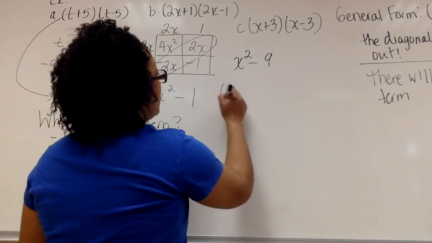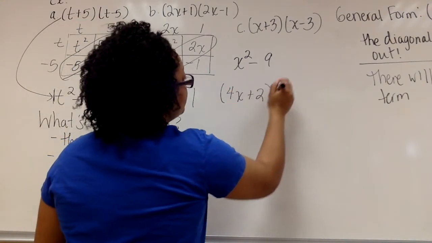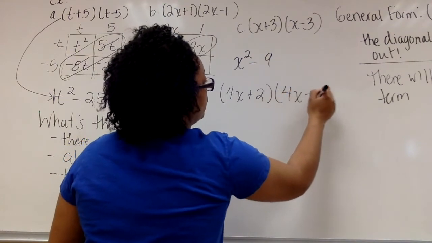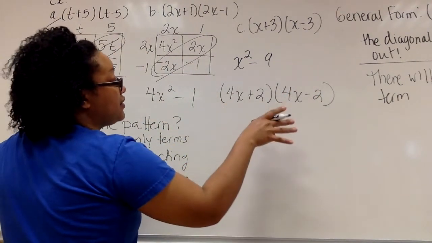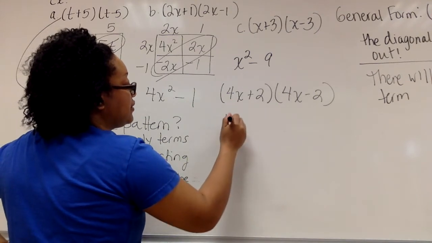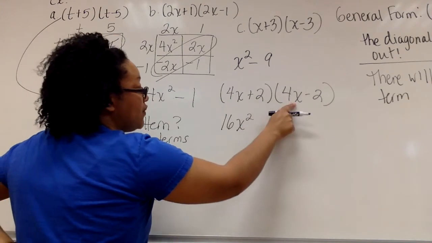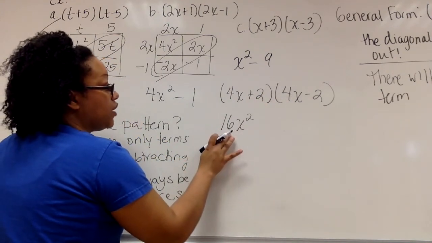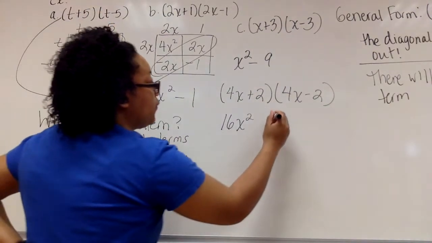Let's say I tell you you have 4x plus 2 and 4x minus 2. All right, so let's see if we can do the shortcut again. 4x times 4x is 16x squared. What's 2 times 2? I hope you said 4.